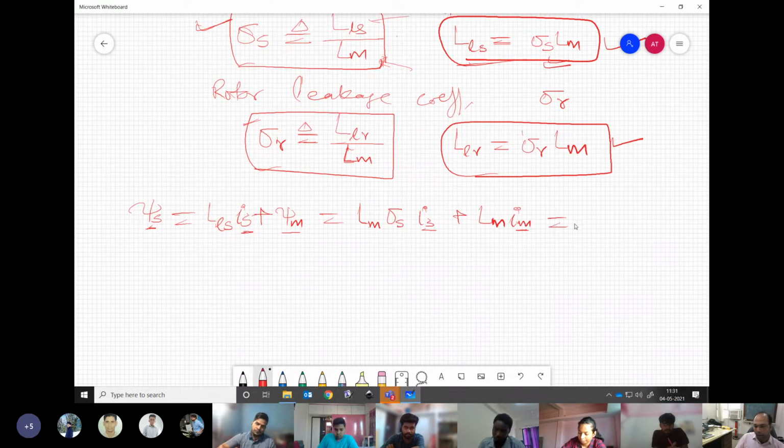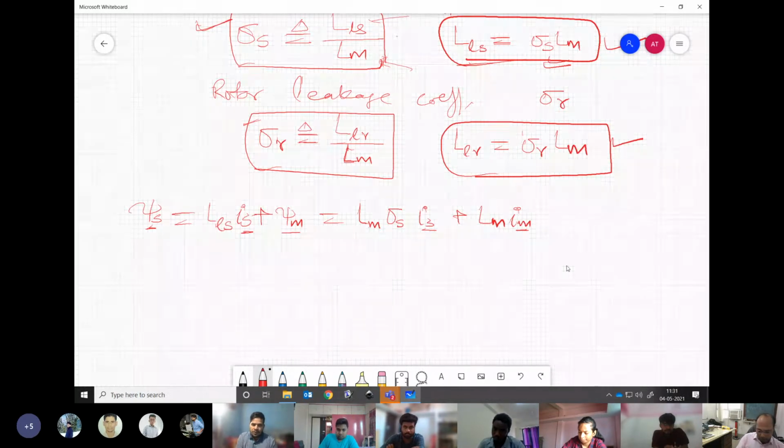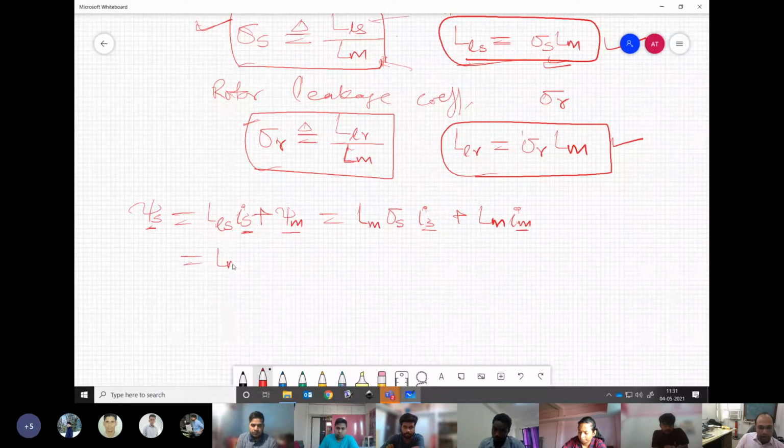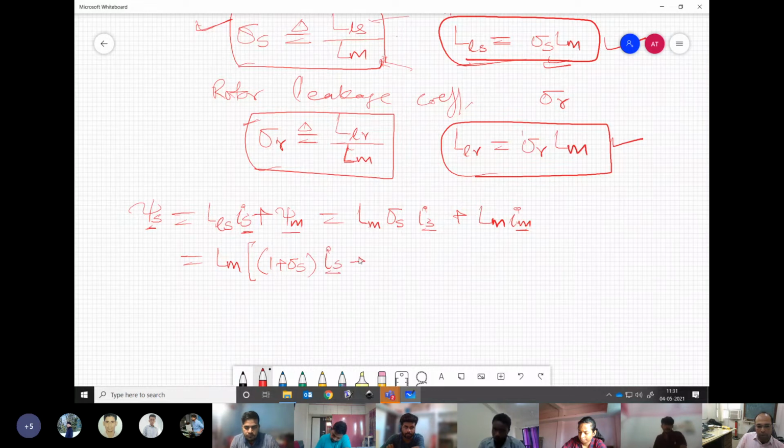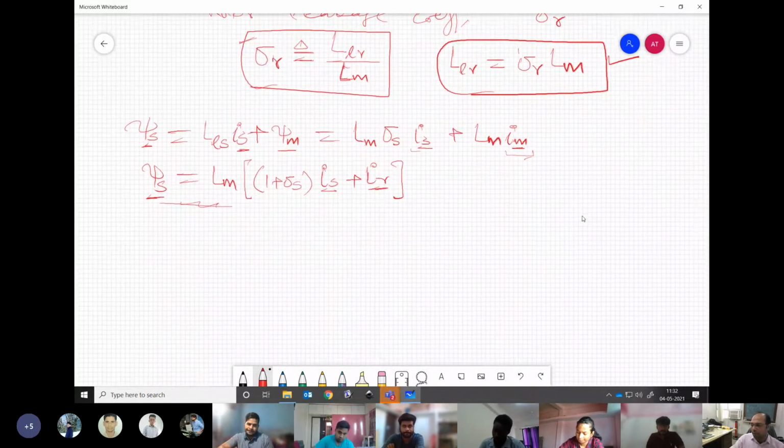Then I can take out my LM term outside and write this whole thing as follows. Are you getting this? So IM is nothing but IS plus IR, and you can club these two terms. Now LM is common to all, which you have taken out. Yes, sir. Any problem here? No problem, right? Simple mathematical rearrangement, that's all.